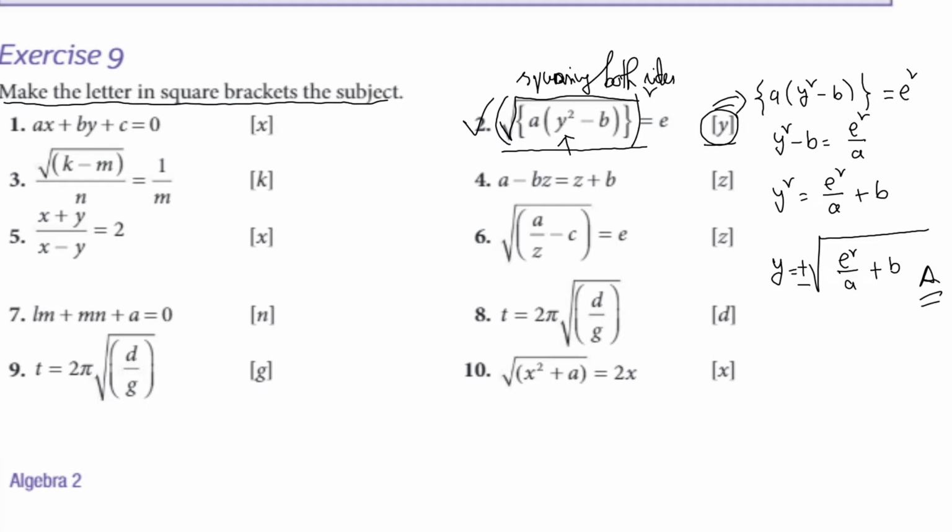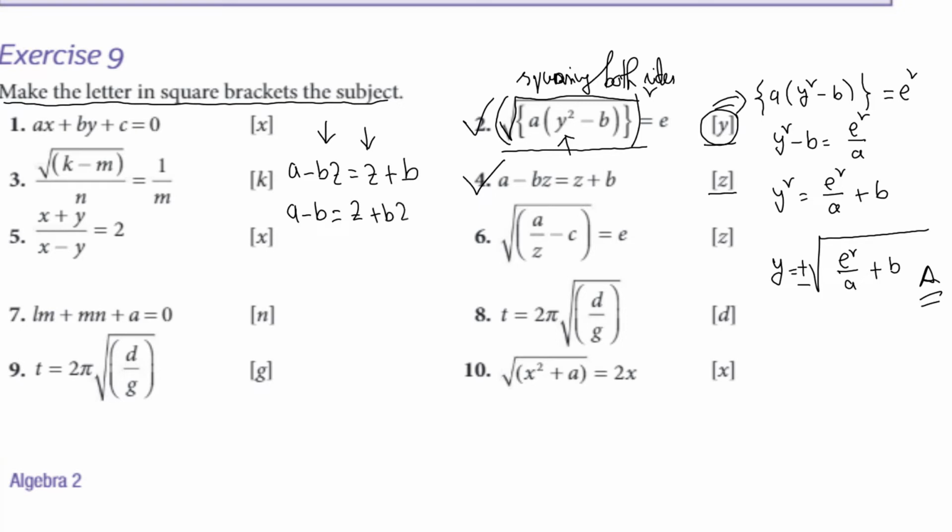So this is the first question. Say question number 4, we are going to find z as the subject. So let me see what is written: a minus bz equals z plus b. Here is the term with z, and another z is here. So take both parts to one side, then we need to write the expression a minus b equals z plus bz.